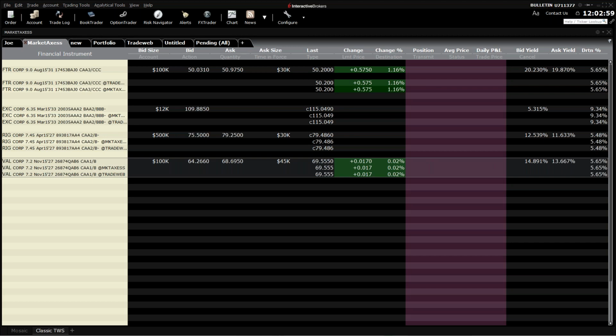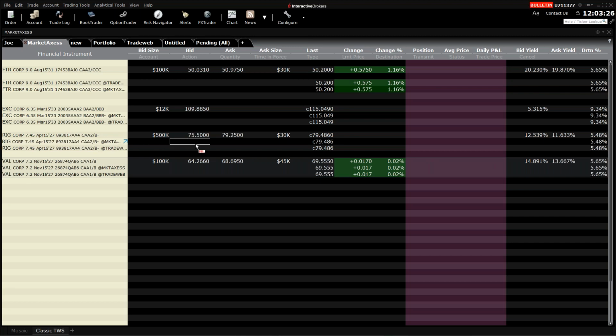So to explain the difference between the two, I'm going to point you to the screen. If you look at this bond here, the 7.45s of April 15, 27, you see that there is a bid and an ask and a bid and ask size. These other exchanges, MarketAxess, which is the next one down, and then TradeWeb, which is a platform similar to MarketAxess, are RFQ-specific platforms.